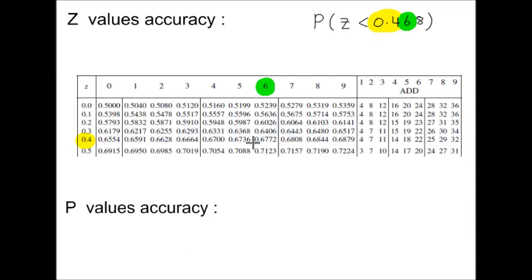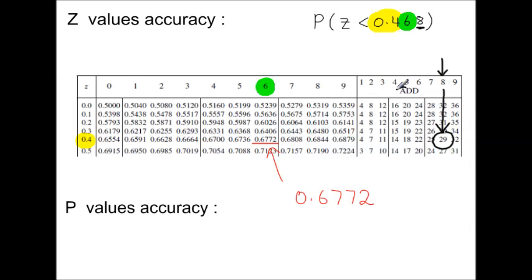So that takes us to this value here, and that's a probability there, 0.6772. And then the third decimal place for z, which is 8, here. And if we follow that down to our row, that gives you 29.